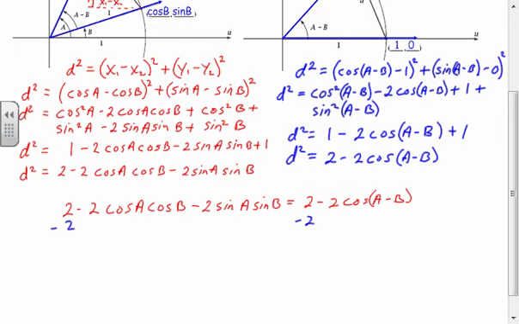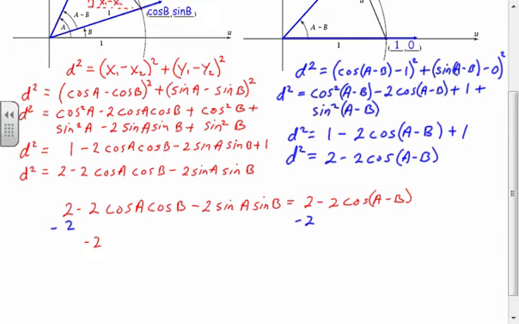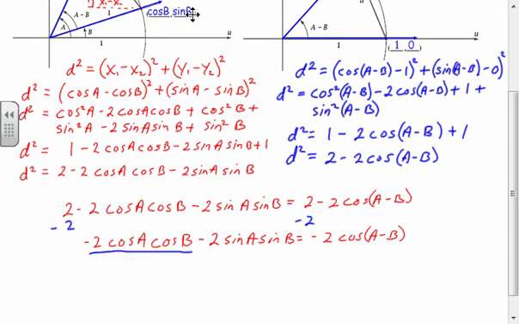Minus 2, minus 2. Then I've got negative 2 cosine A cosine B minus 2 sine A sine B is equal to minus 2 cosine A minus B, and I hear you are already thinking of dividing everything by negative 2, and right you are. So divide each term by negative 2.